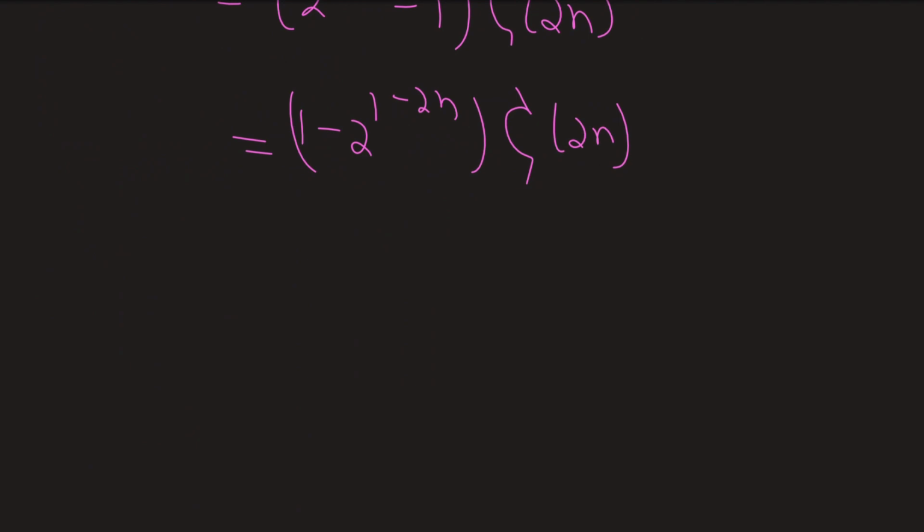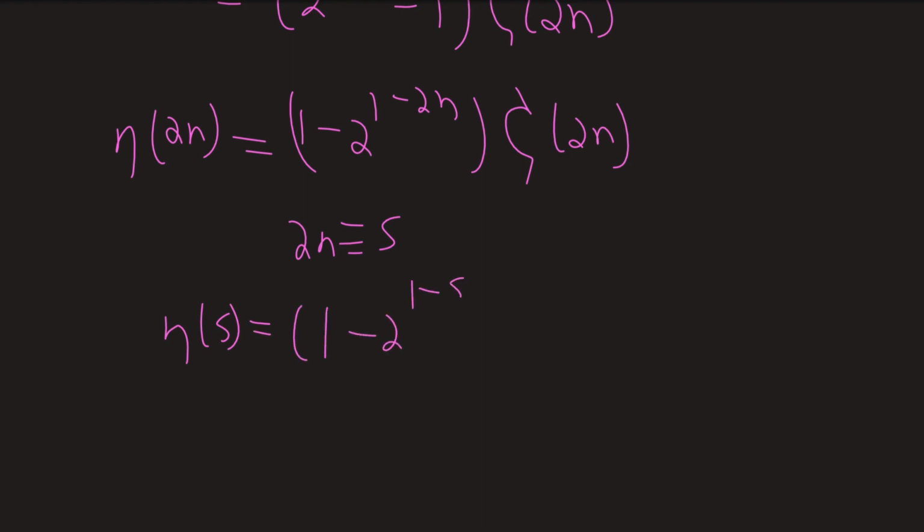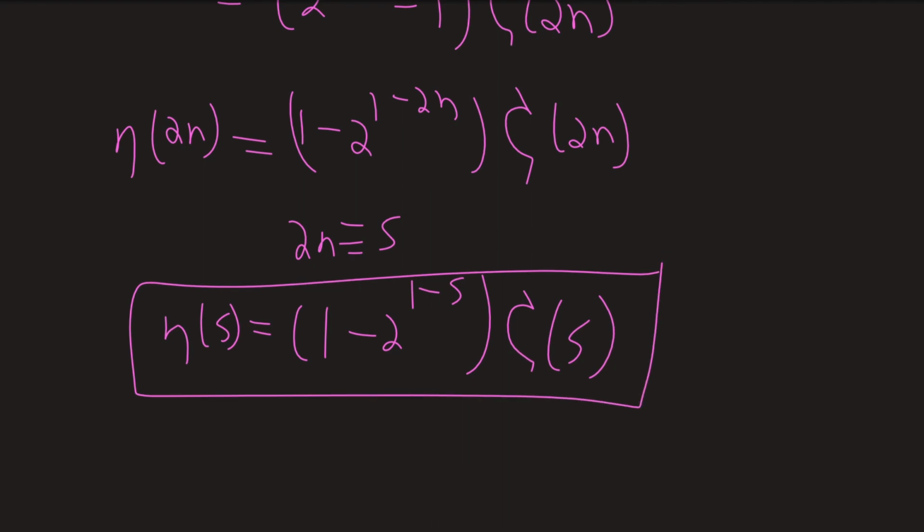And what we said at the very beginning of this was that this was equal to eta of 2n. But you'll notice that all of these are 2n right here. So if we simply let 2n be equal to, say, s, what we find is our original, or Euler's original conjecture, and that is eta of s is equal to 1 minus 2 to the 1 minus s times zeta of s. And there we go.